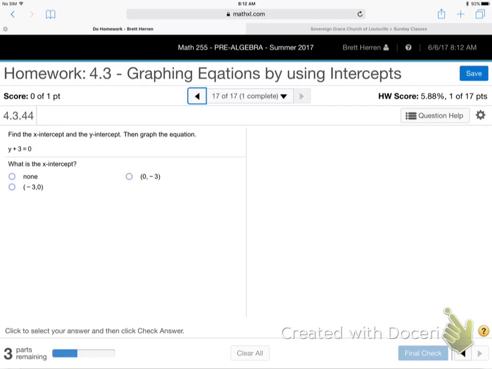All right, there we go. So y plus 3 is 0. See if you can graph that. So it's only got one letter, right? So you know it's going to be straight up and down or straight sideways.